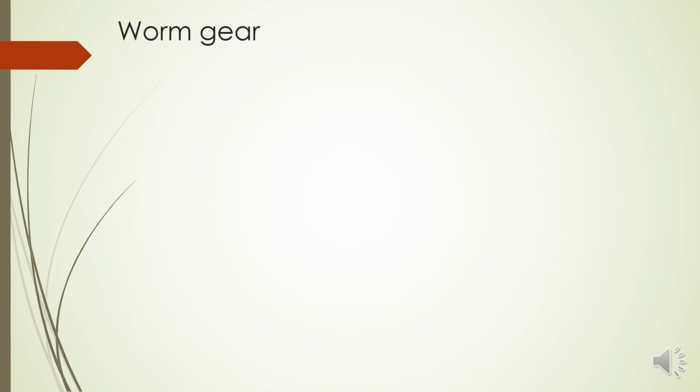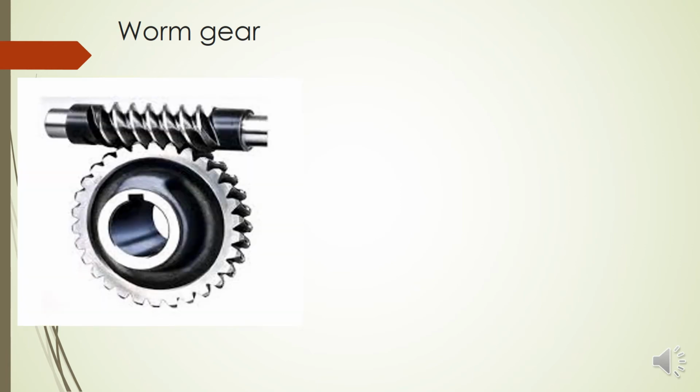Now we are going to the fourth category, that is worm gear. What is the important thing here? What about the shafts? This is one shaft, this is another shaft. What about the axes? Yes, they are non-parallel as well as non-intersecting. You can see here they will not intersect because they are in different planes. The axis of this gear is perpendicular to this board, and this axis is parallel to this x-axis.